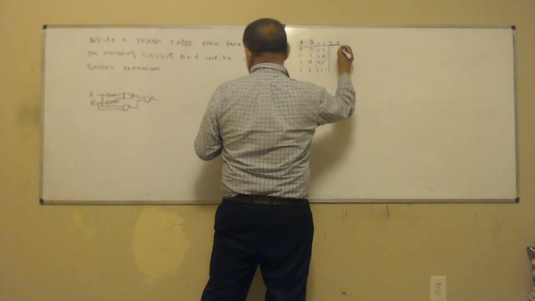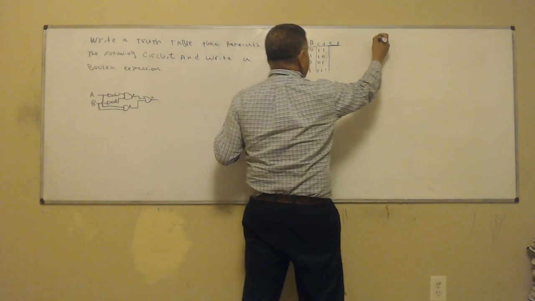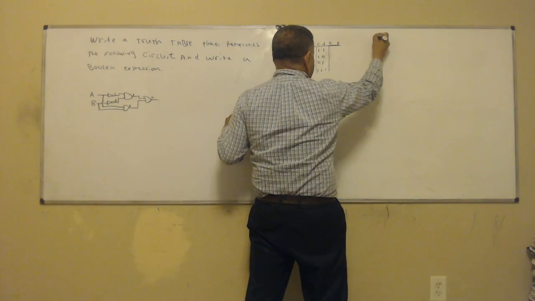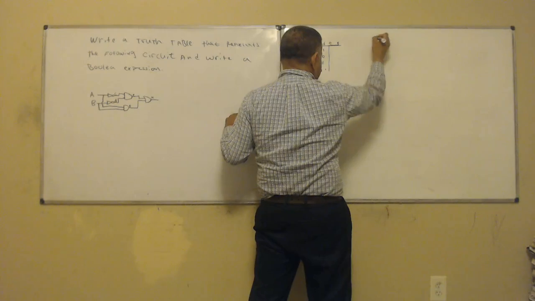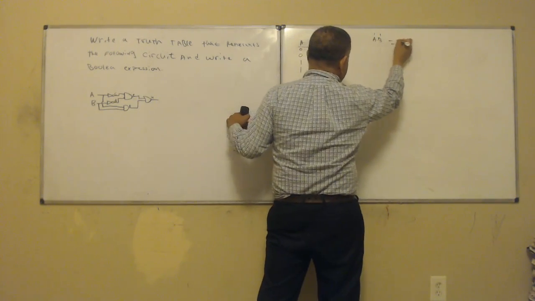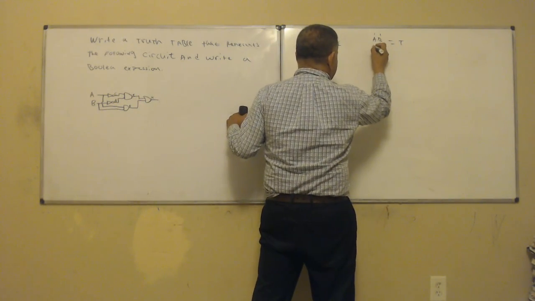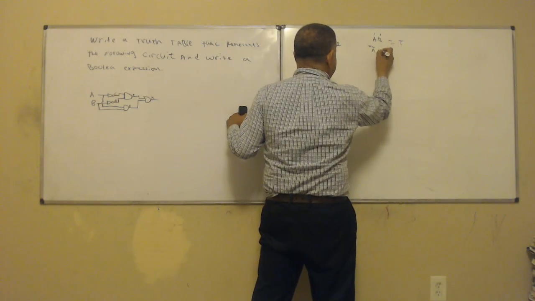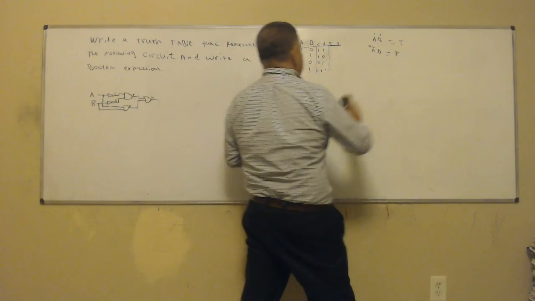So then, if that is true, then let's say A and B, if A is equal to 1, B is equal to 1, this is equal to true. But if it's not A and B is B, then it's equal to false, right?